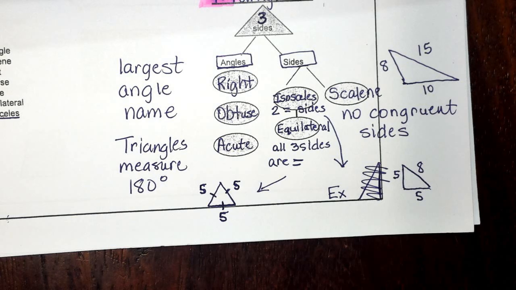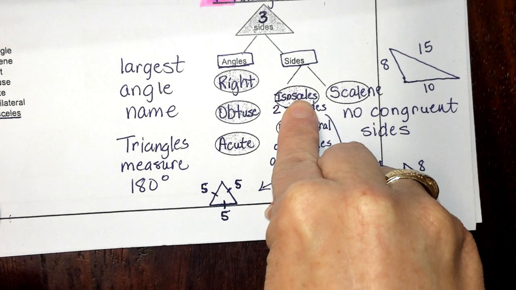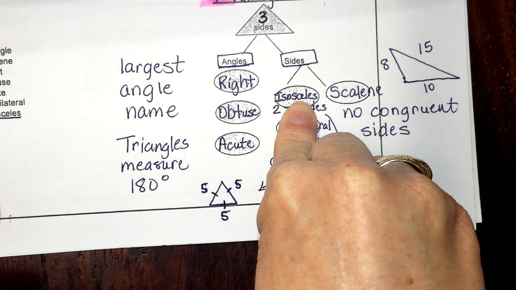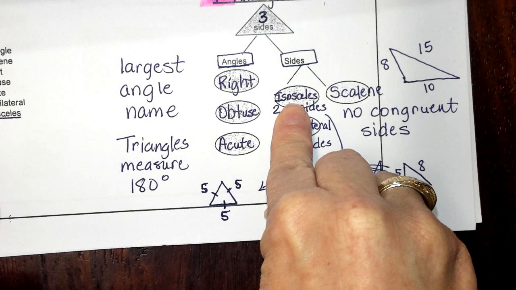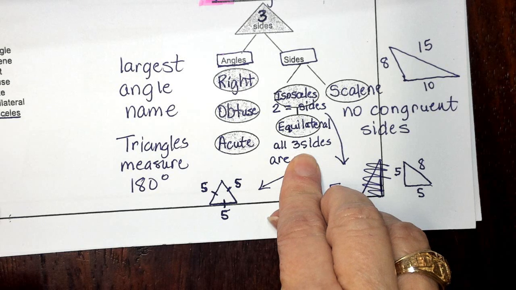One quick thing that you need to know is that if you have 3 equal sides, can you also be called isosceles? Yes. If you have 3 equal sides, you also have 2 equal sides, right? Are all isosceles automatically equilateral? No, they are not.